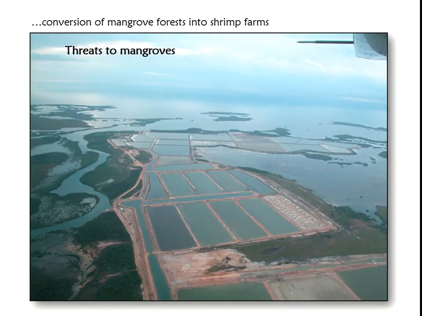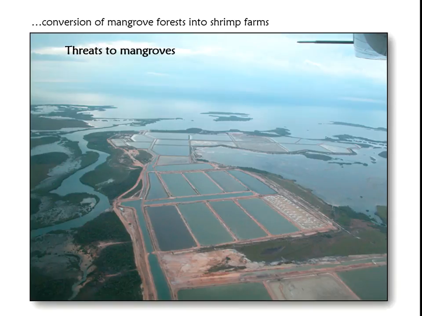So things have happened. A lot was done to mangroves, but there have been improvements. Florida passed a Wetland Protection Act in around 1984, and this really changed the way mangroves are protected.